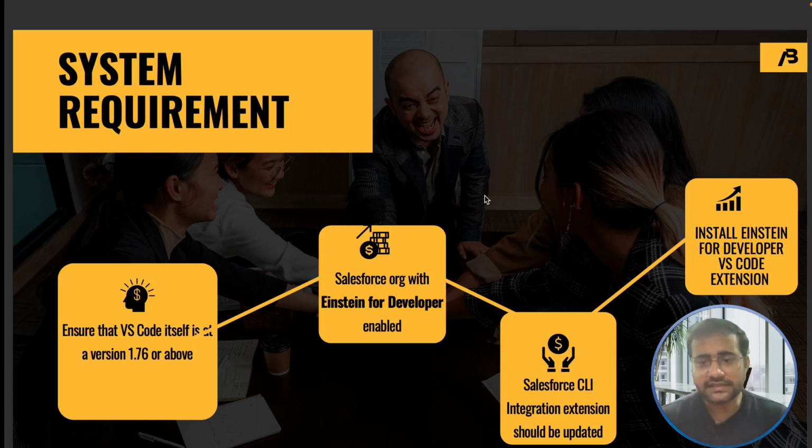The third thing is we need to check whether our CLI is updated or not, or we can check this later as well if there is some error or any issue. The last step is we need to install the Einstein for Developer extension in our VS Code. This is another important step, and then we will be ready to ask our question, and we'll see how Salesforce is going to generate the code for us.